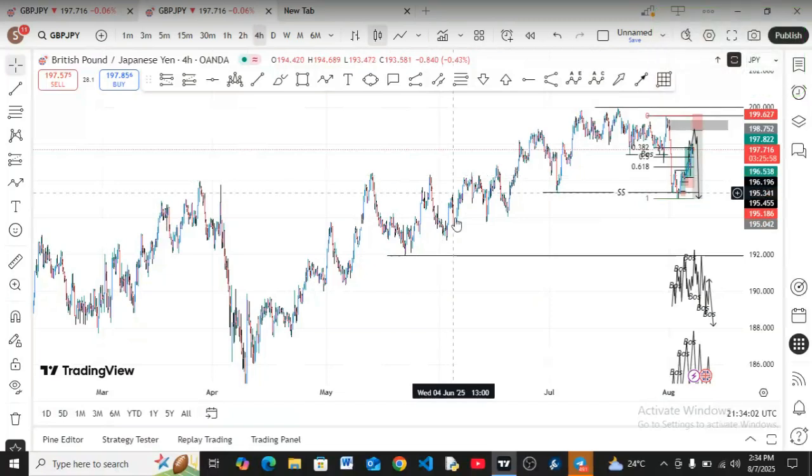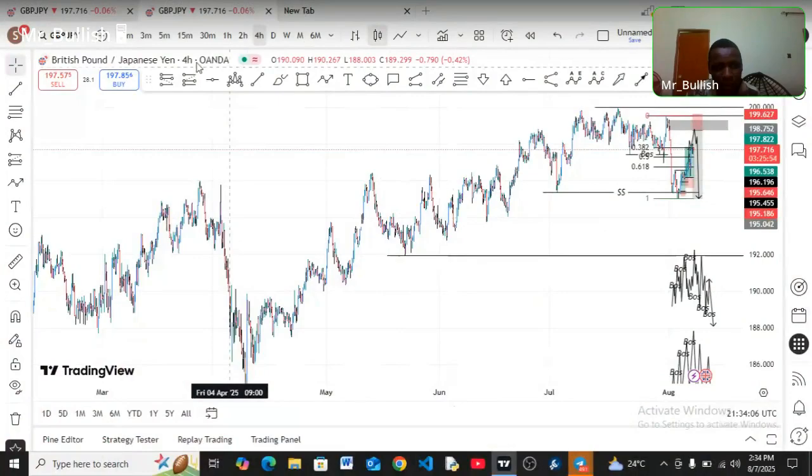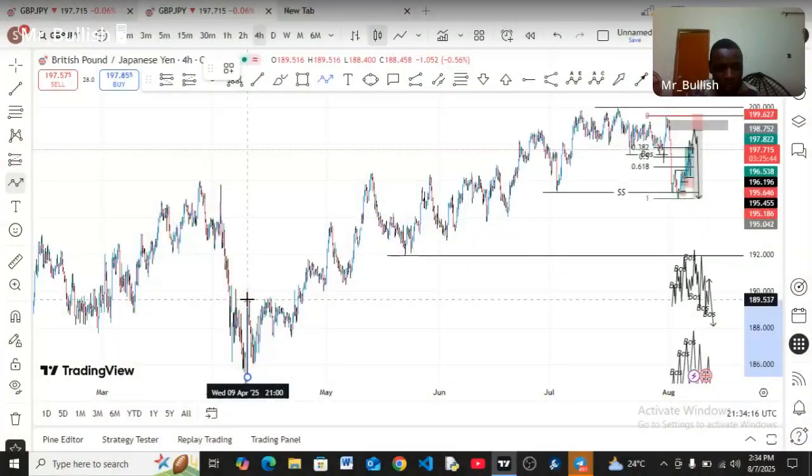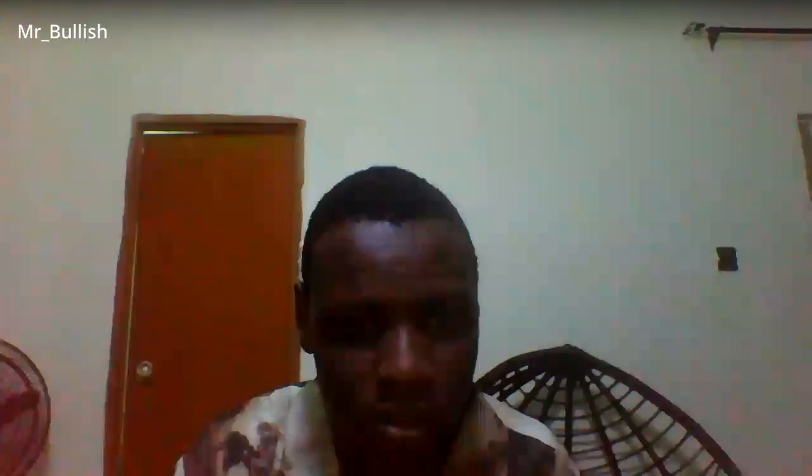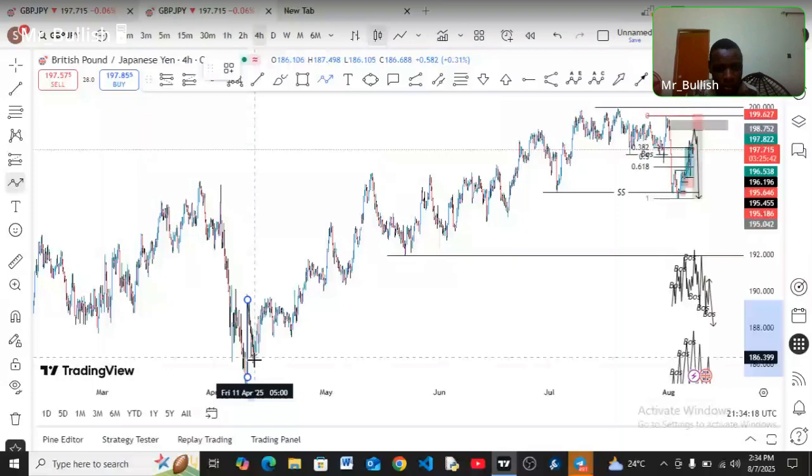Now, if you want to mark out the external market structure on this chart, this is the external market structure. Market came down here. Can you guys see it? And it came here, retraced.